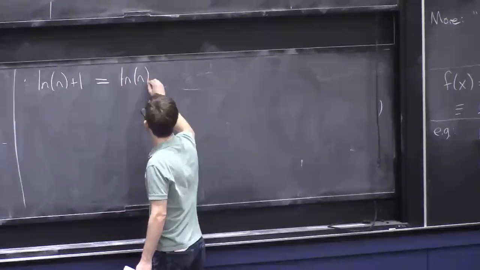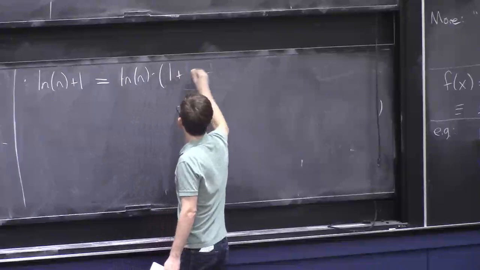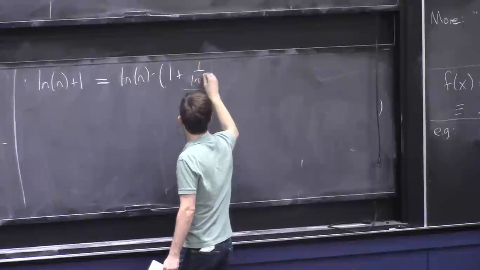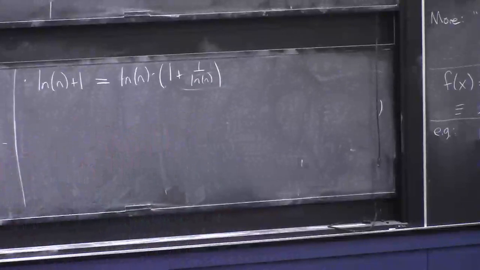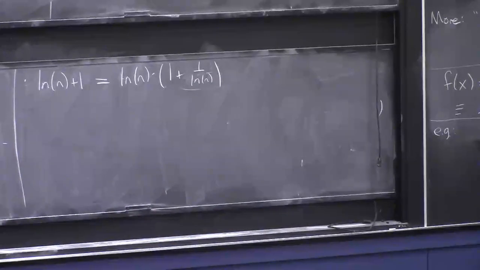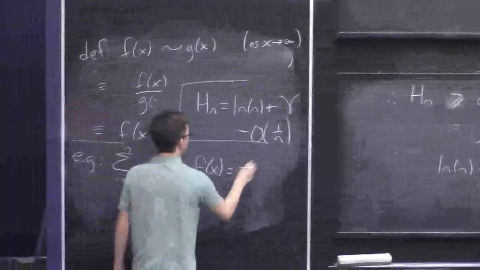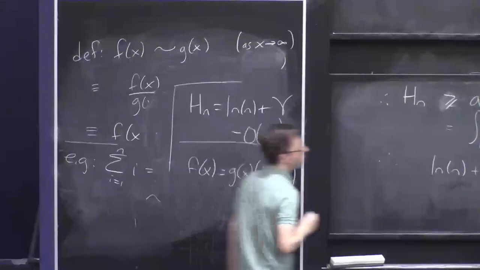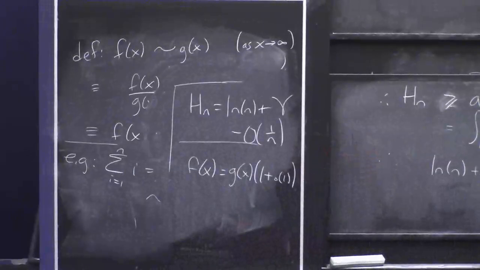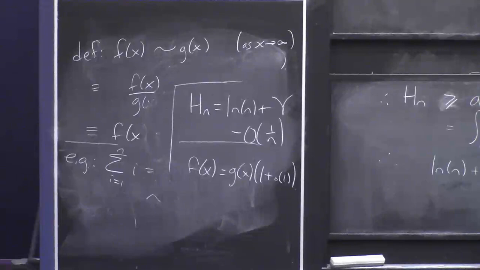This is ln n times 1 plus 1 over ln n. It no longer looks like what we had written here, which was f of x equals g of x times 1 plus little o of 1. But indeed it is, because this whole thing goes to 1 as n goes to infinity.